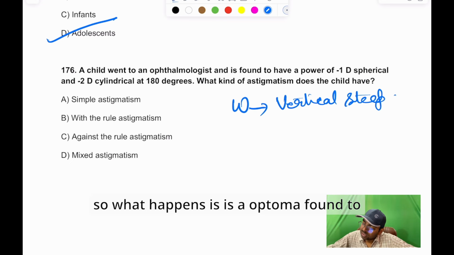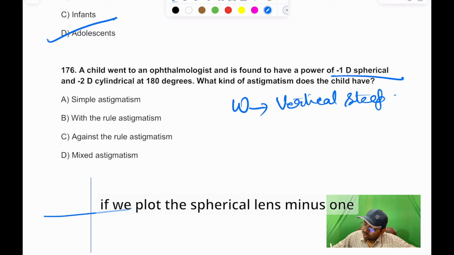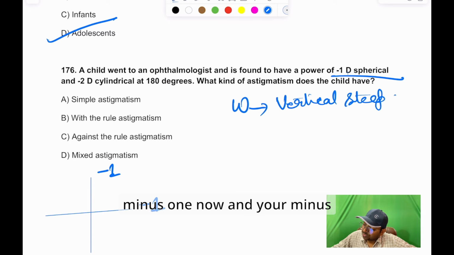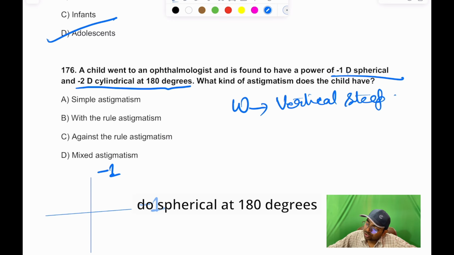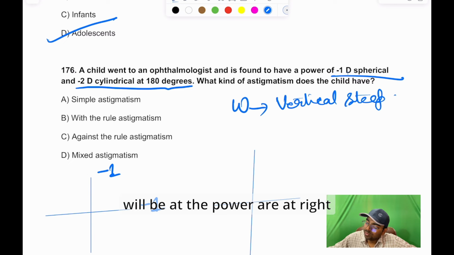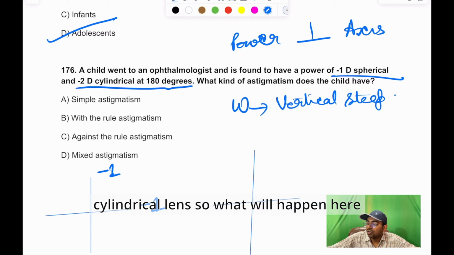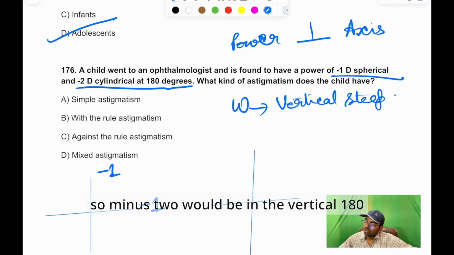The ophthalmologist found a power of minus 1 D spherical, that is, if we plot the spherical lens, minus 1, minus 1. Now minus 2 spherical at 180 degrees. So here what we will do, at 180 degrees, the power is at right angle to the axis of the cylindrical lens. So minus 2 would be in the vertical, at 180 degrees.